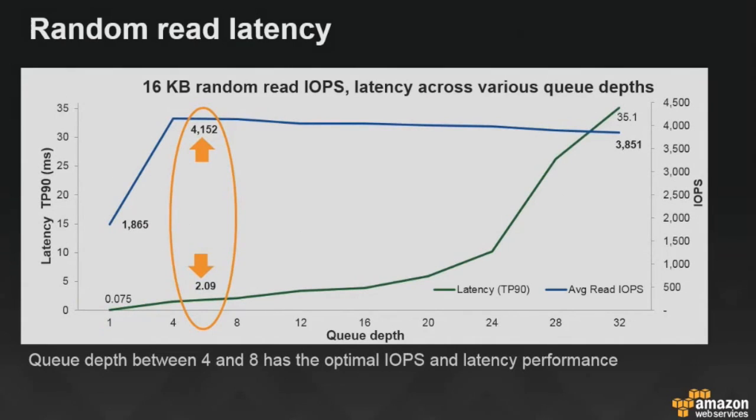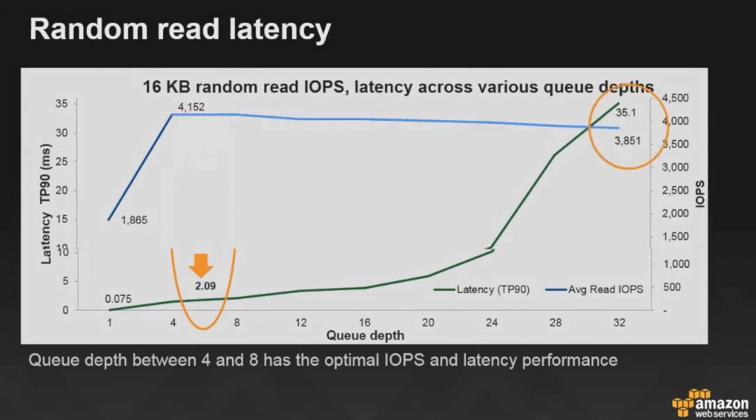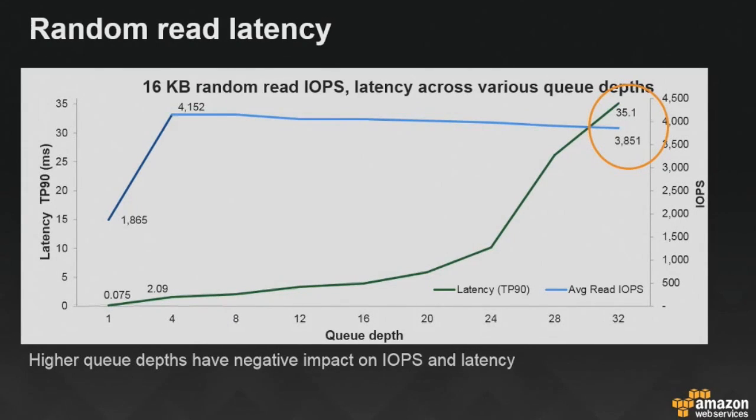It's only when we start to move into a slightly better queue depth, a queue depth of around 2, that we actually see that it's possible for us to achieve 4,000 IOPS. We're still single-digit millisecond latency, but we need to have a higher queue depth, so more concurrency on the volume before we achieve it. We can also see that if we increase our queue depth too far, so a queue depth of 35, we're actually getting under 4,000, and we're now getting 35 millisecond latency on our I/O.